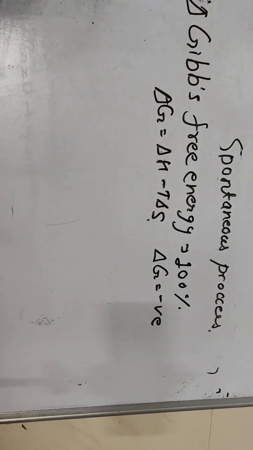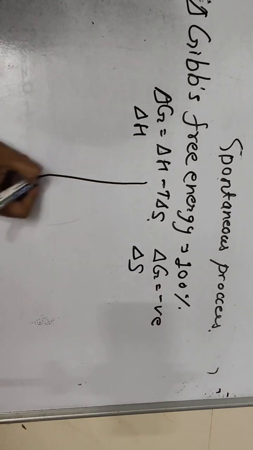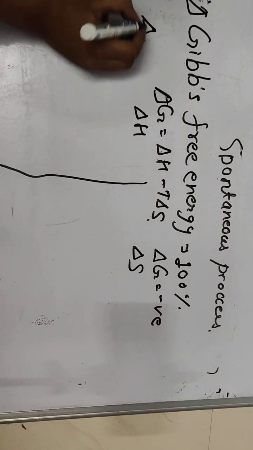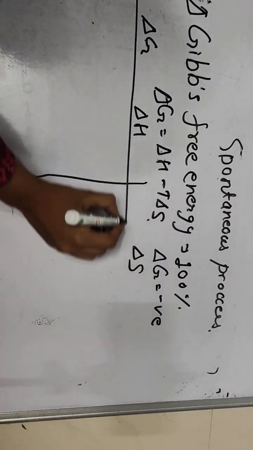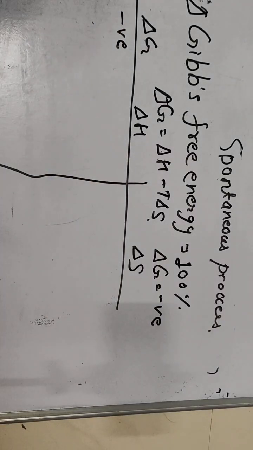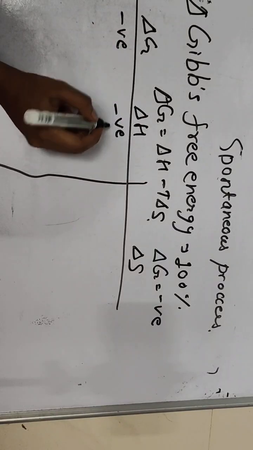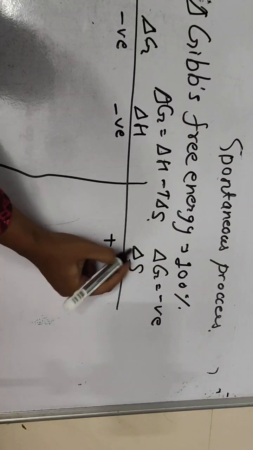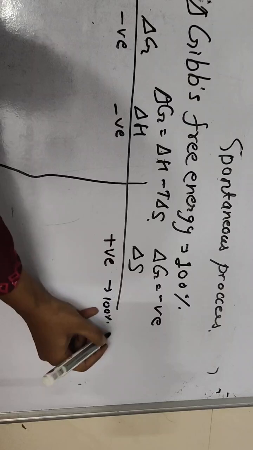So there are some conditions in which we can tell whether the reaction is spontaneous or non-spontaneous. Let's discuss some cases. First, case number 1. If we want a spontaneous reaction, then delta G should be negative. So when delta H is negative and delta S is positive, then this reaction is 100% spontaneous.